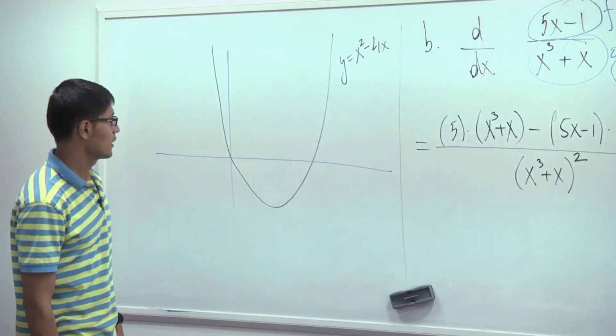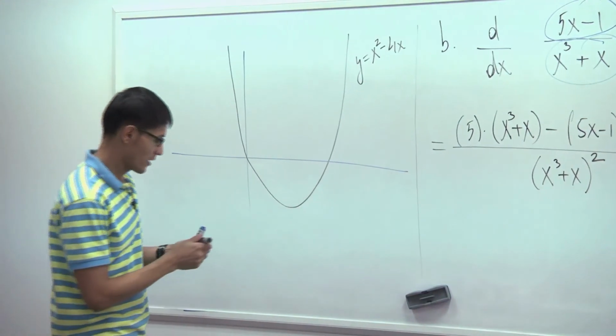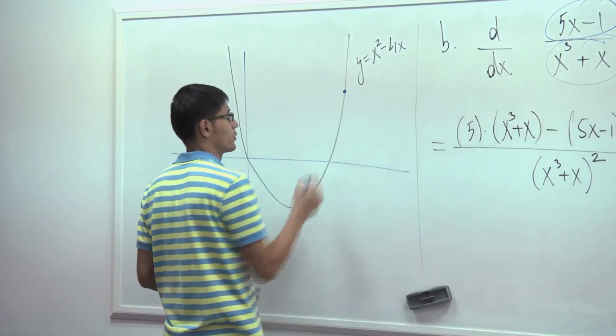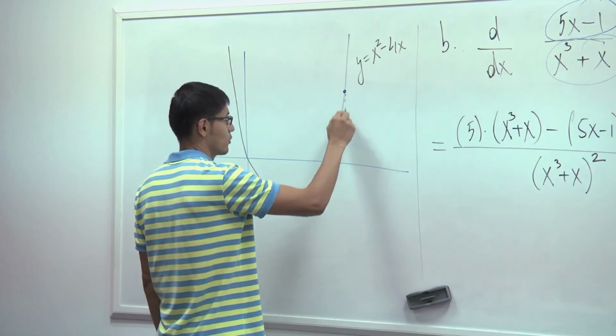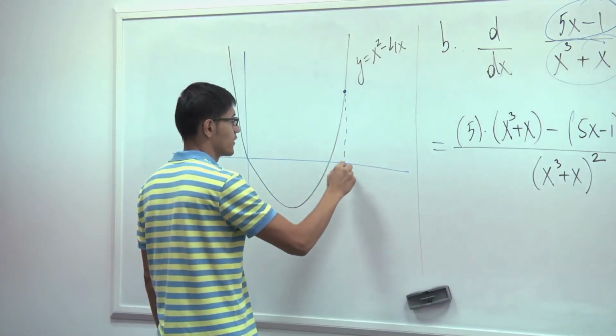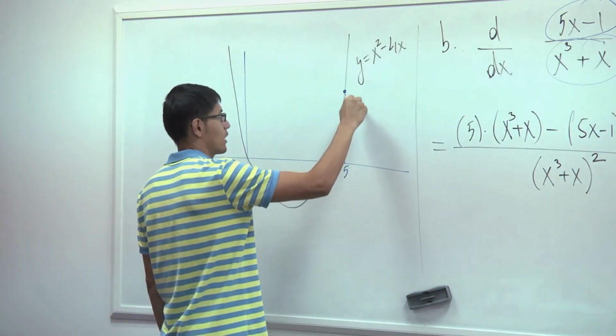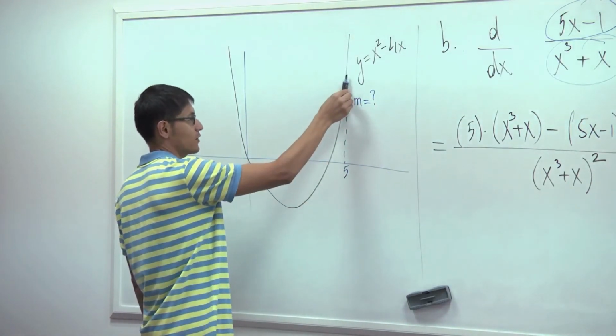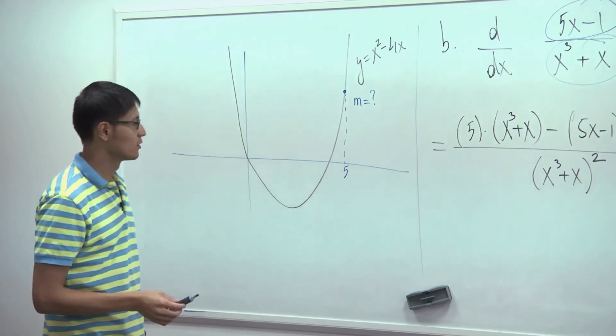Okay? And let's say I pick a point on the graph, and I tell you that the x-coordinate of this point is equal to 5. And I will ask you, what's the slope? What's the angle of the graph at that point?